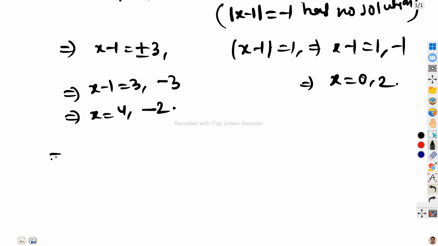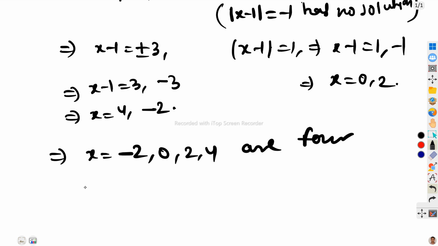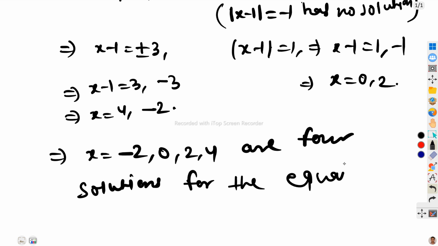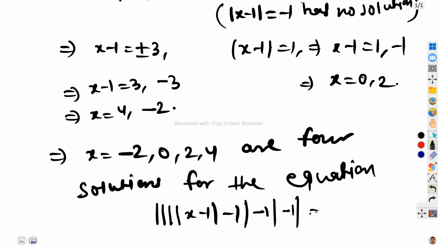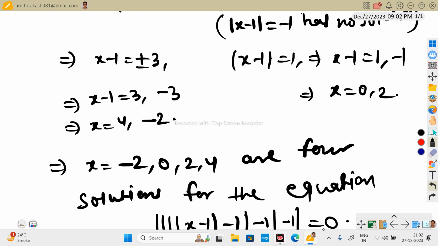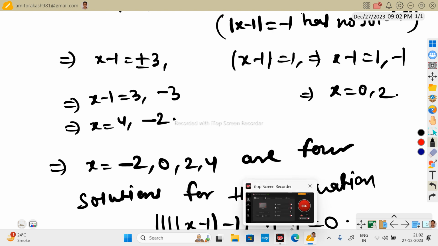We have found that x = −2, 0, 2 and 4 are the 4 solutions for the equation ||| |x − 1| − 1| − 1| = 0. Thus we have solved our problem. So thank you.